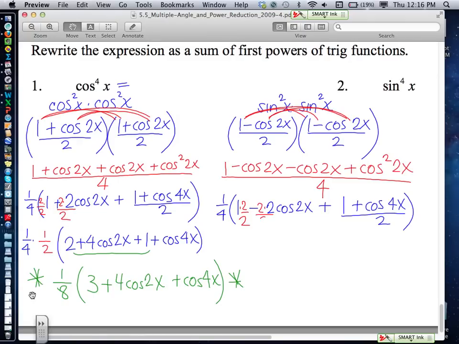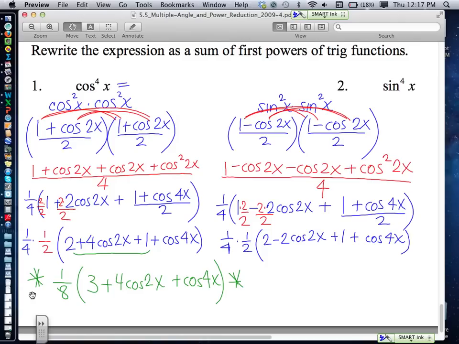Multiply by 2 over 2 here to get a common denominator. And then when I factor out that denominator, I'm going to have a 1/4 times a 1/2 in the front. And then I'm going to have 2 minus 2 cosine 2x plus 1 plus cosine 4x.